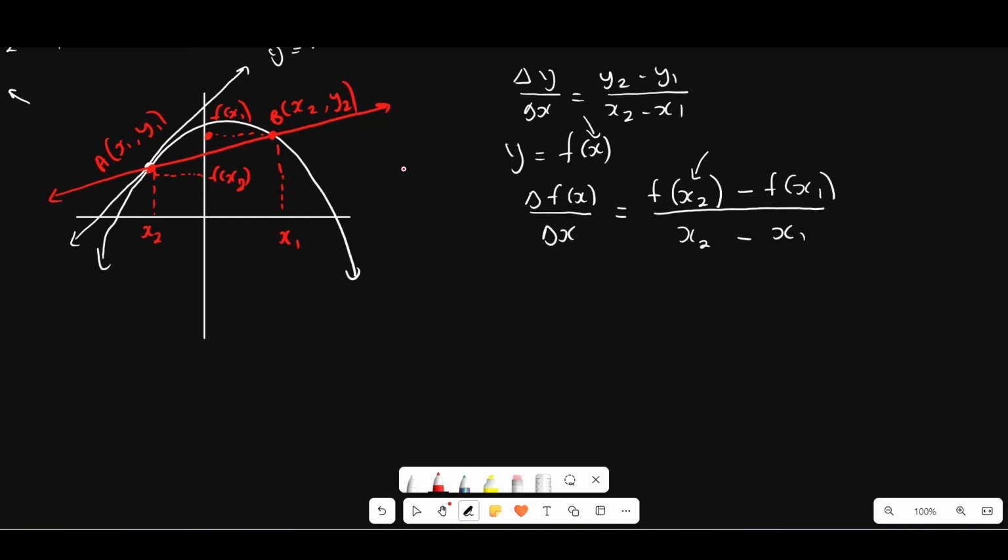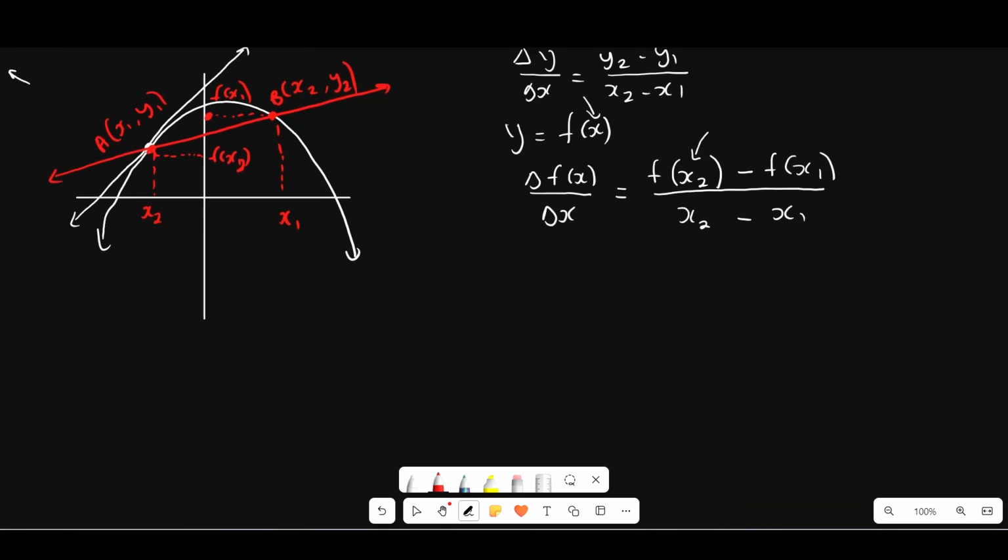Now in this case, what I can do is let the distance between these two values, x2 minus x1, equal h. Let's see what goes on then.